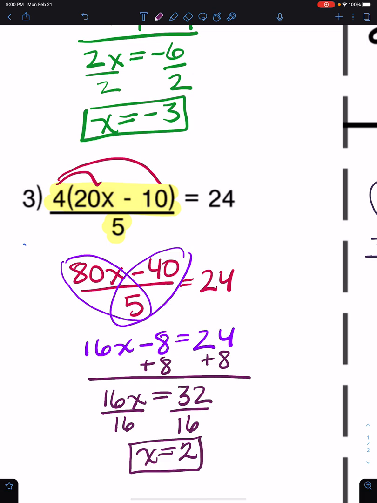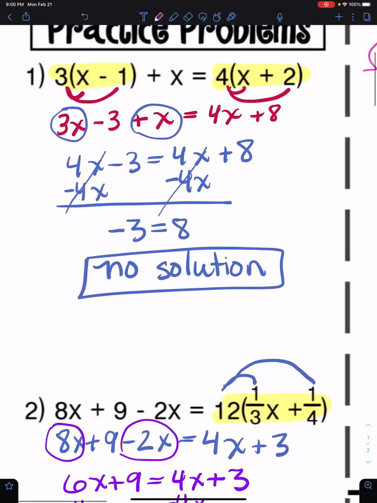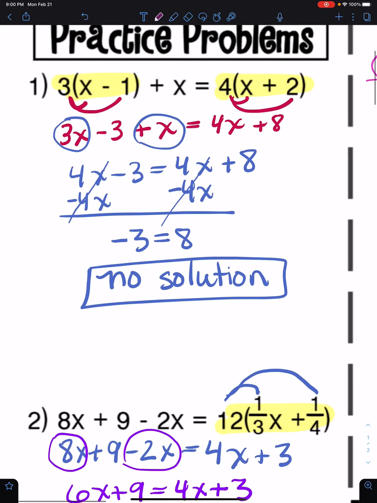One thing I did want to mention up here on this first example, remember how the variable term canceled out and we were left with this statement, which is false, and we said there's no solution. If the variable terms cancel and you're left with a statement that's true, then you can say it has an infinite number of solutions, which means any number would work.